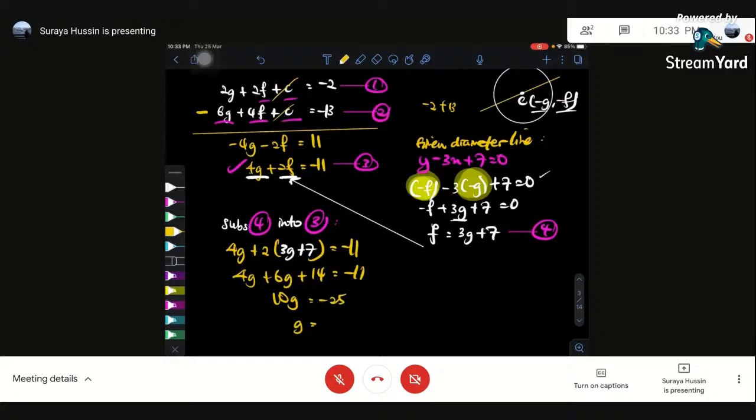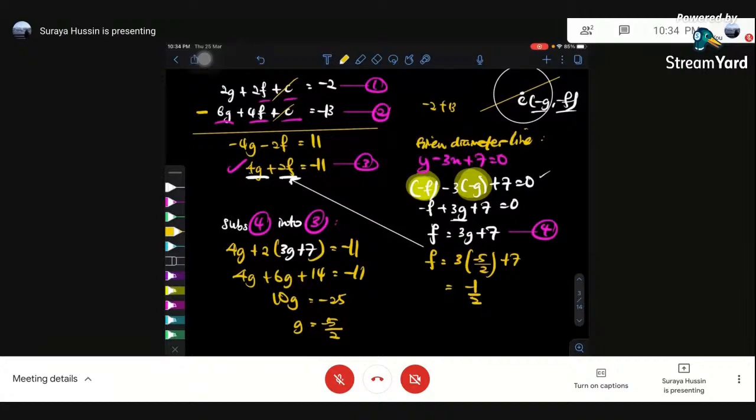So your G is again negative 5 over 2. Kebetulan je dia sama ya. Kebetulan. And then you sub in, you use F. F equals to 3G. And you use your calculator, you will get 1 over 2. So you have your center already, nilai center.